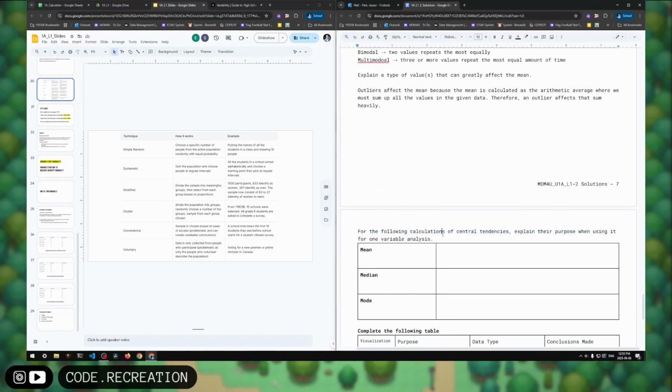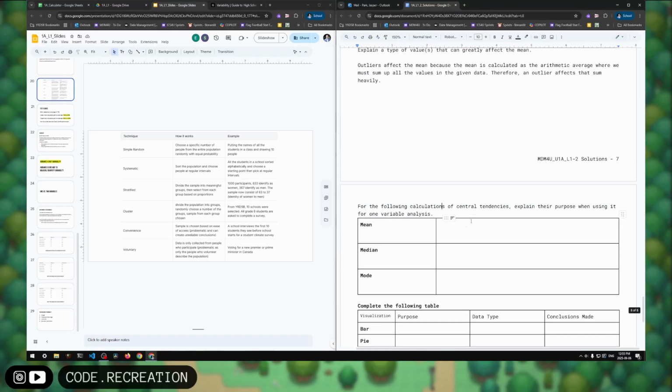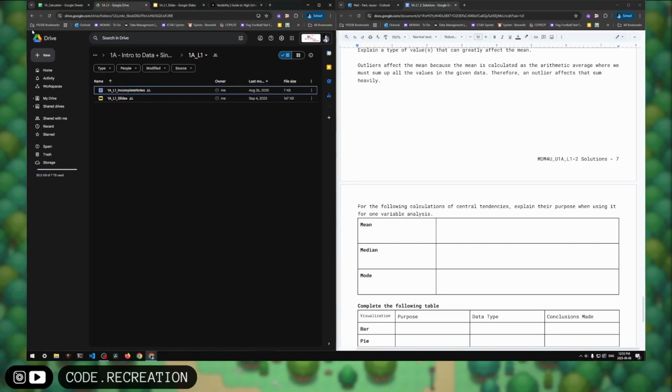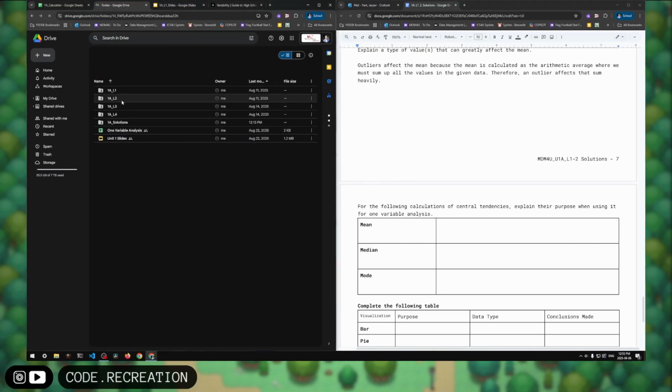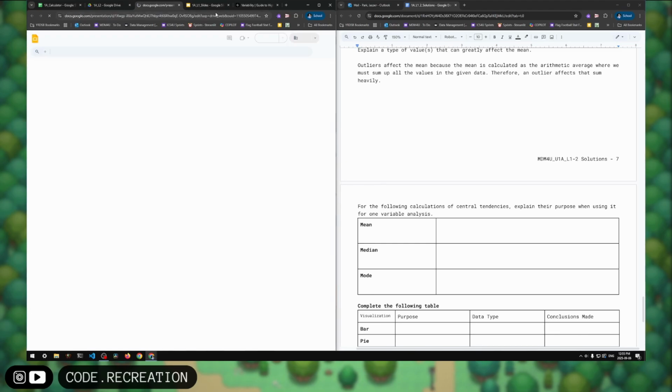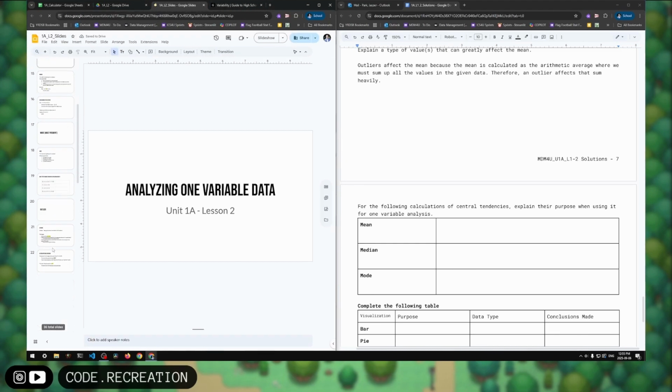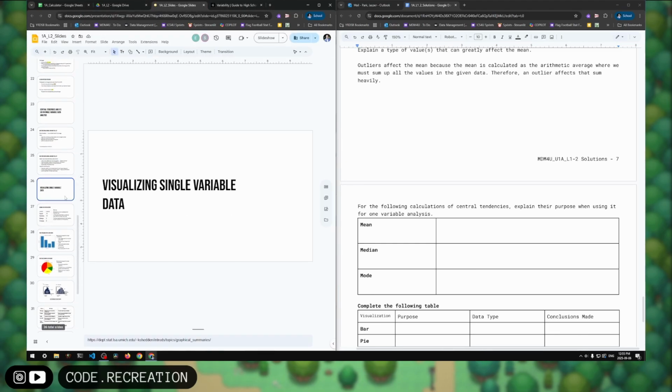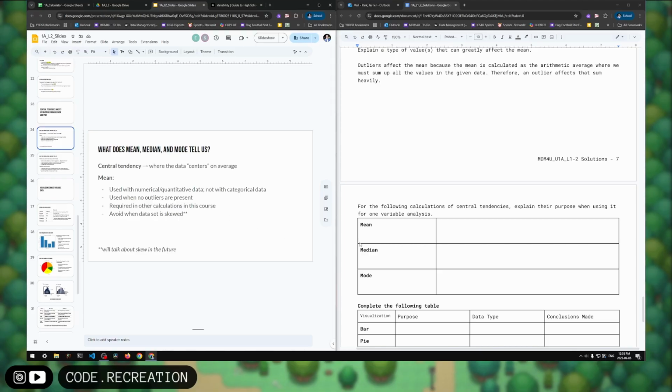Boom. For the following calculations of central tendency, explain their purpose when using it for one variable analysis. Let me give you slide-based answers. For the mean, we use it for numerical data, avoid it for categorical.